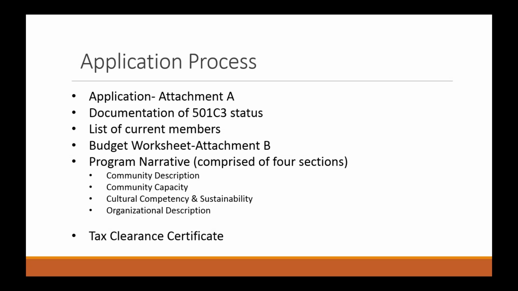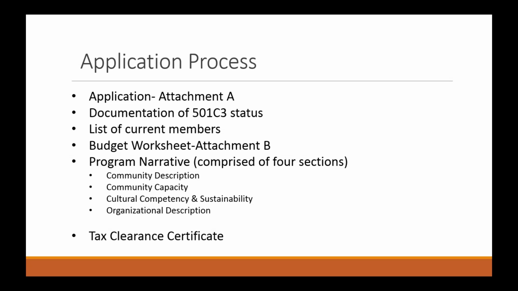So really the only two documents that we have provided for you are the actual application and the budget form. Everything else will be copies of what you have already, your board members, your 501c, those kinds of things, and then the tax clearance certificate.